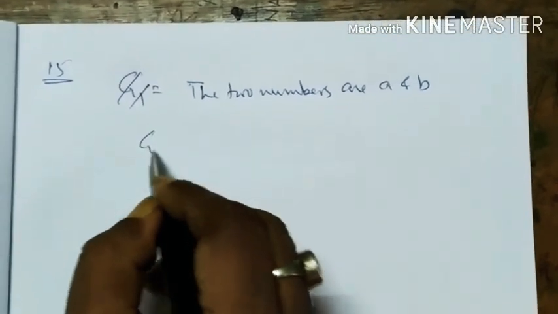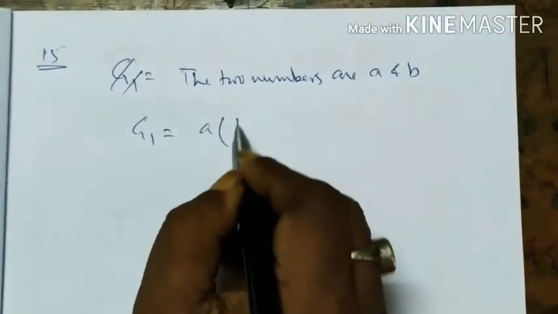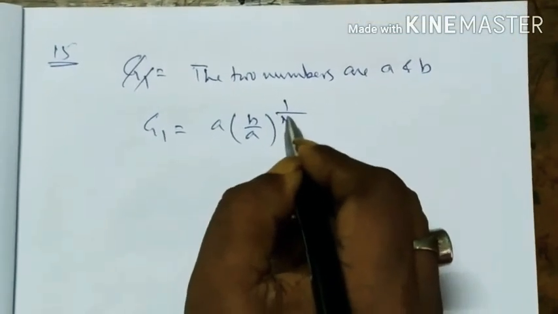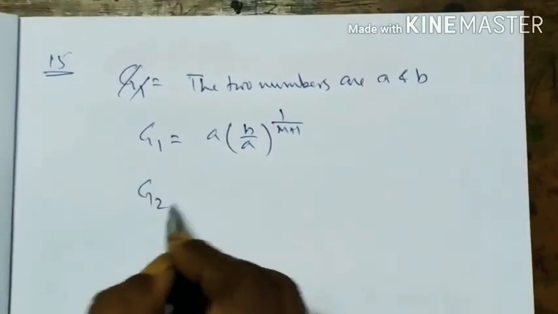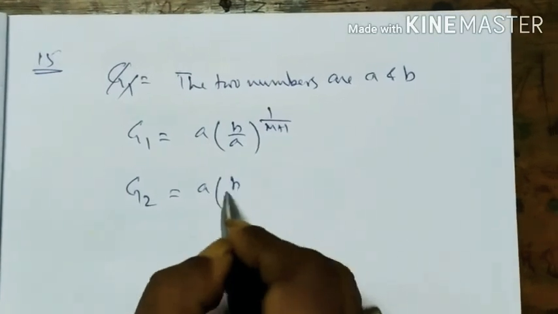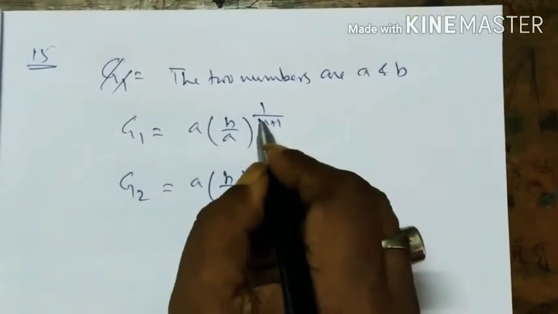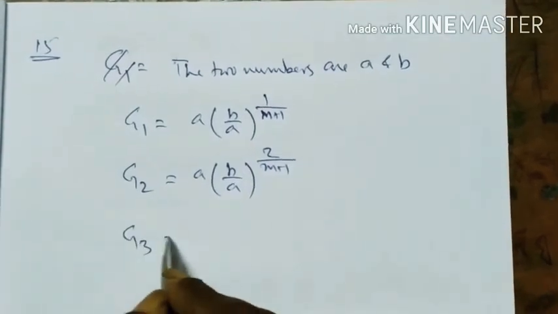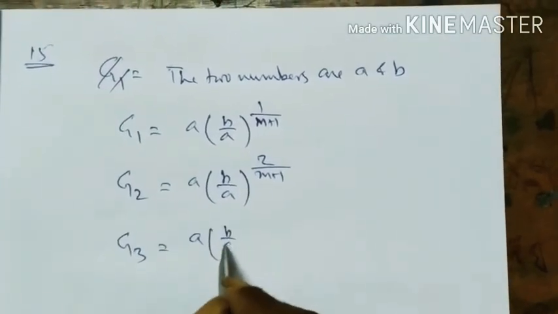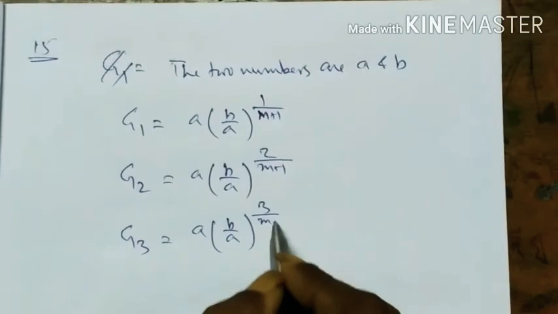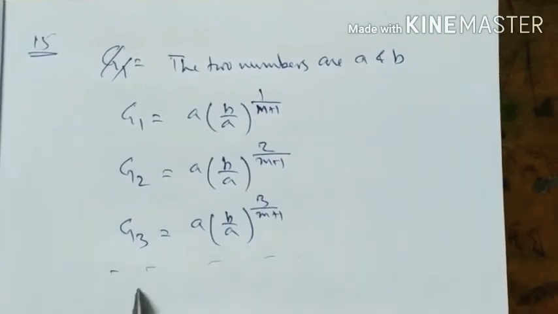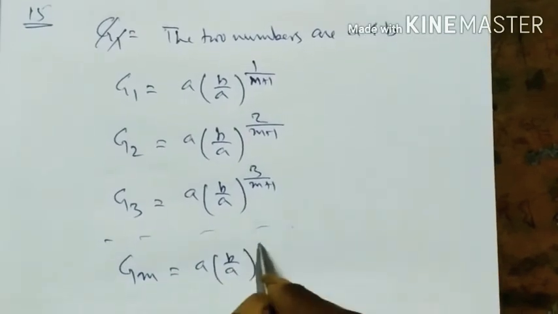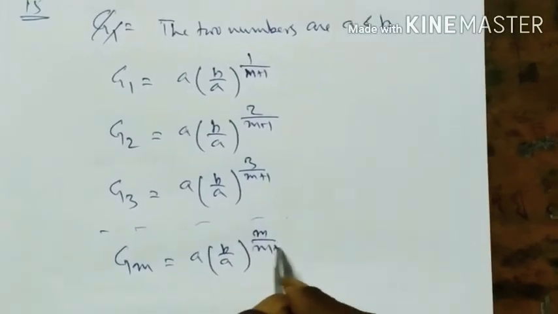So G1 will be a, b by a to the whole power 1 by m plus 1. Similarly, G2 will be a, b by a to the power 2 by m plus 1, G3 is equal to a, b by a to the power 3 by m plus 1. Similarly, Gm will be a, b by a to the power of m by m plus 1.